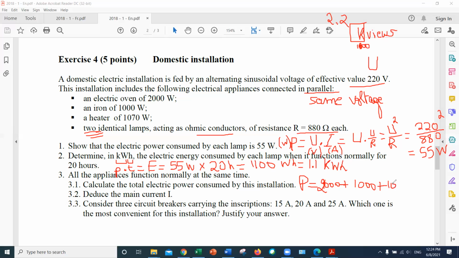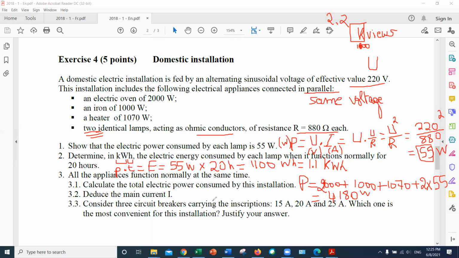And finally, be careful, nobody should put 880; we discovered that each lamp is 55. How many lamps do we have? 2. So either you add 55 plus 55, or 2 times 55. And the final answer is 4070 plus 110, which is 4180 watts.